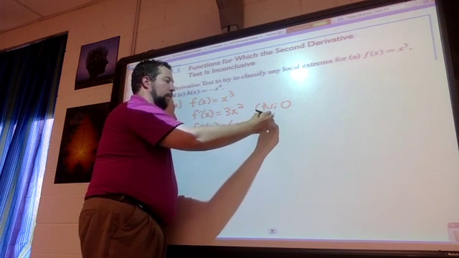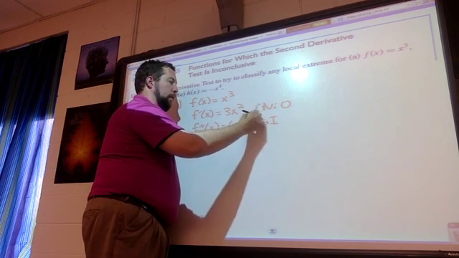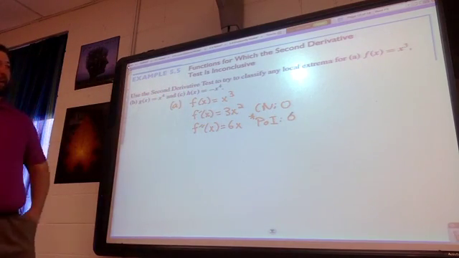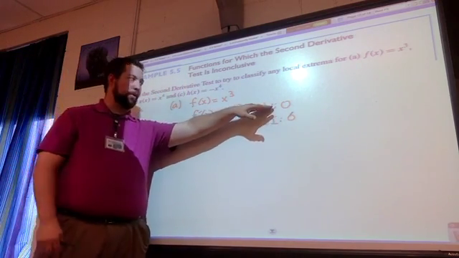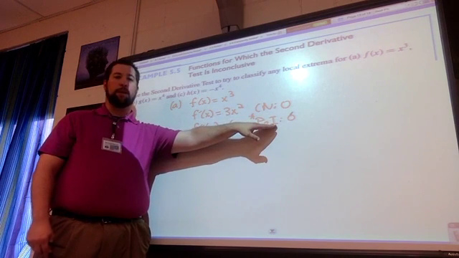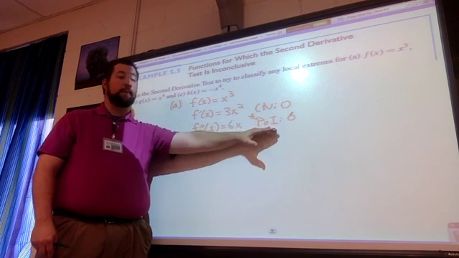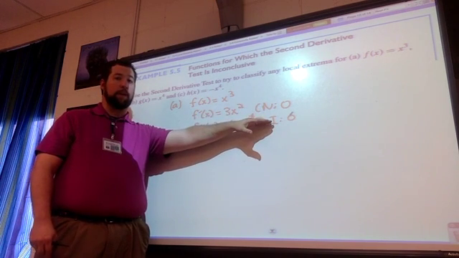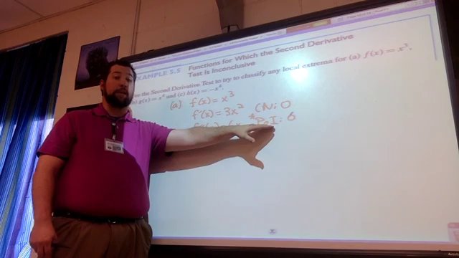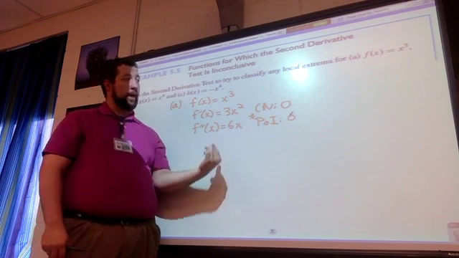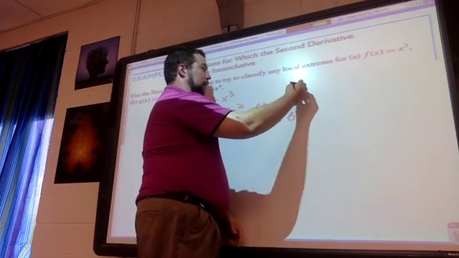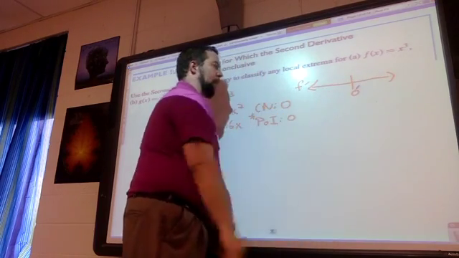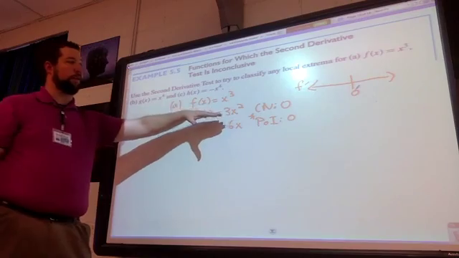A possible point of inflection is also 0. All right, so we had a case where the critical number was also a possible point of inflection. Okay, so we can't tell from the second derivative test because we don't know if it's concave up or concave down there. It actually changes concavity right there. So we have to go back and do the first derivative test.